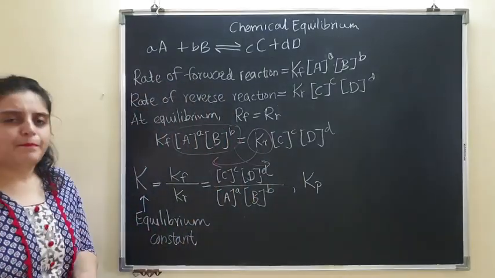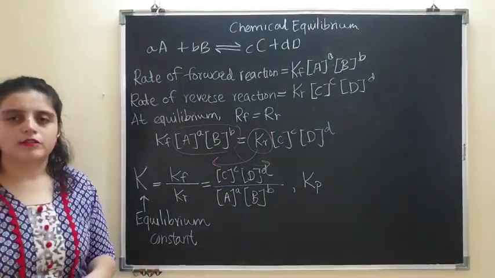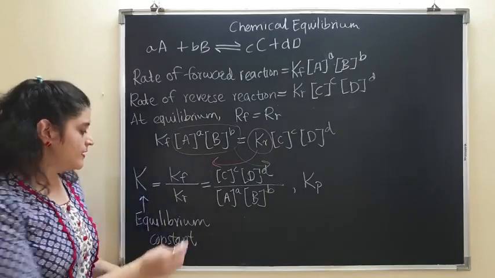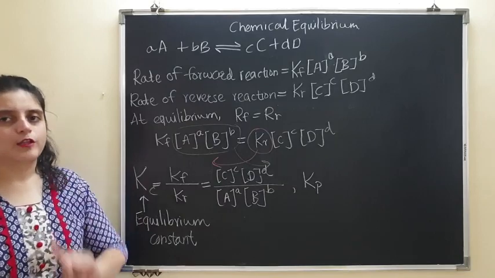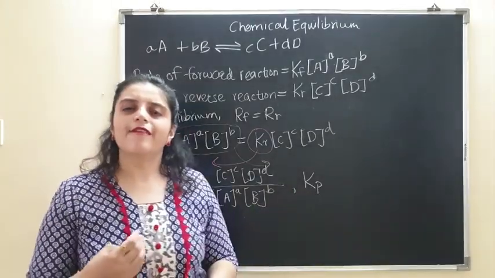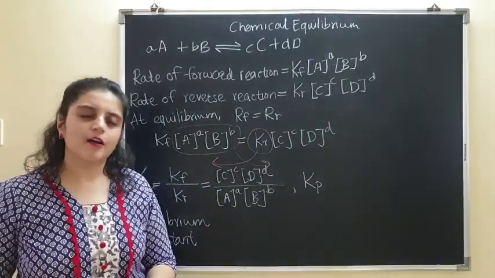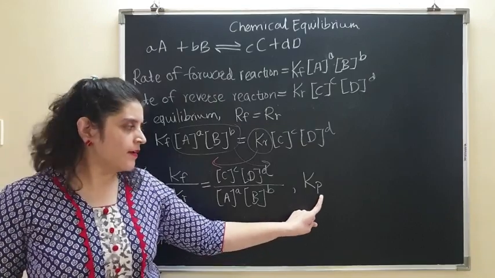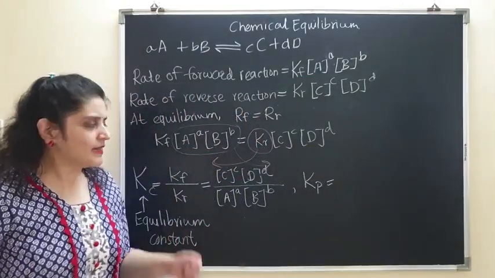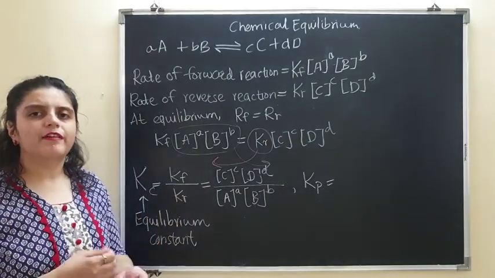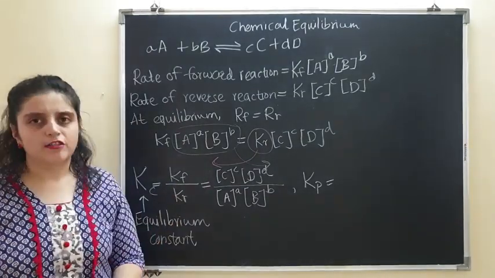Now, if we are representing equilibrium constant in terms of concentration, then we represent it by Kc, where c stands for the concentration. So similarly, if we are using pressures to represent a constant, we write Kp, where p stands for the pressure. So just instead of concentration terms, we will be using pressure terms.